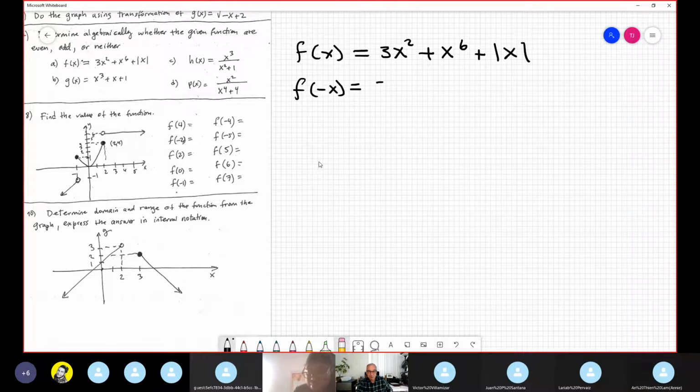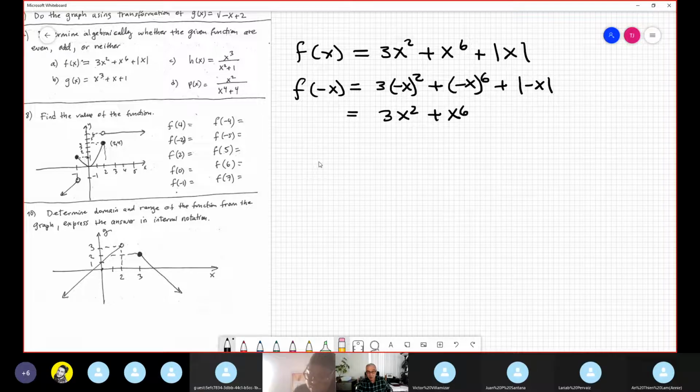When you make the reflection, it's 3 times minus x squared plus minus x raised to the 6th power plus absolute value of minus x. And you know very well that when the exponent is even, it's positive. So it's 3x squared plus x to the 6th power. The absolute value of a negative number is positive. You can write it, and they are a perfect coincidence between the original and the new one after the reflection. Therefore, the conclusion is even. This is the proof, algebraically.